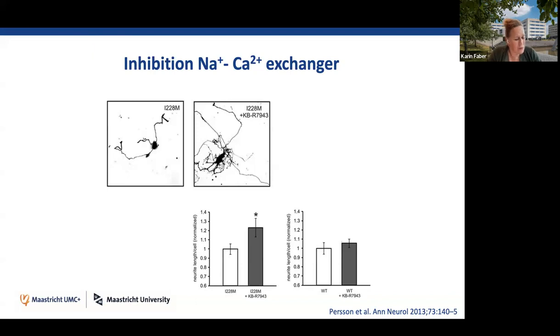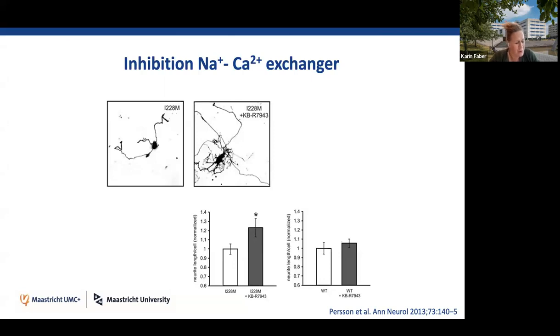Increased axonal sodium influx has been shown to trigger reverse operation of the sodium-calcium exchanger, producing intra-axonal calcium overload and axonal dysfunction. Therefore, cultures were treated with a blocker of this sodium-calcium exchanger, and this inhibits reverse but not the forward operation of the exchanger.